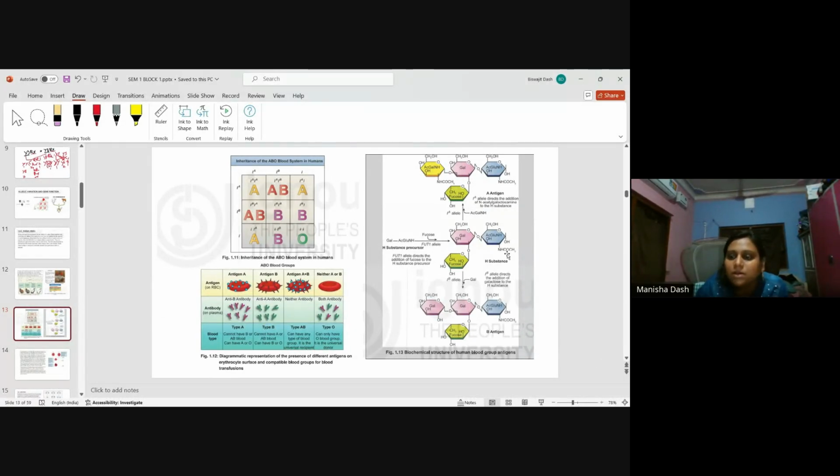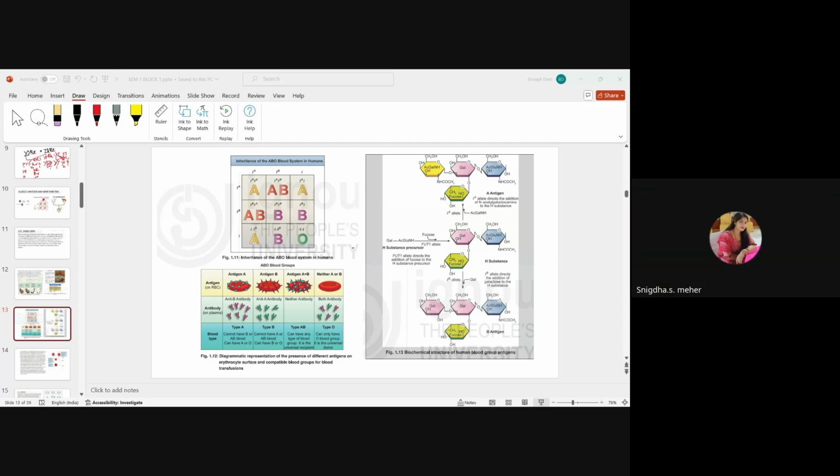If I don't go for slideshow view, I cannot write anything, and without writing it is difficult to explain. I hope now, if I'm writing, you can also see the pen marks and all?